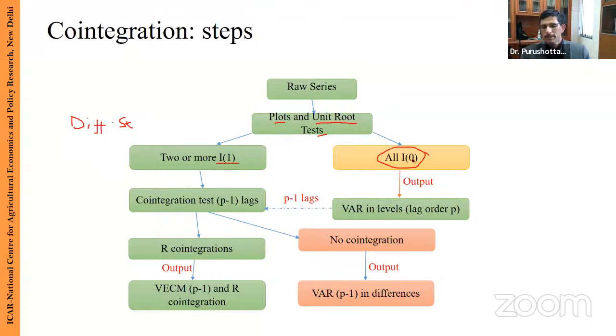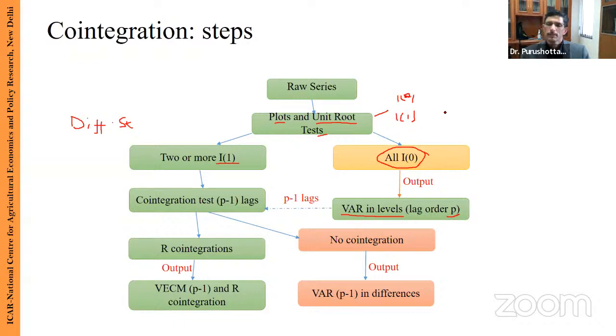If all are I(0), means stationary at levels, then we are going to go for VAR in levels, and lag order will be defined based on this VAR. Third case is if some series are I(0) and some are I(1).